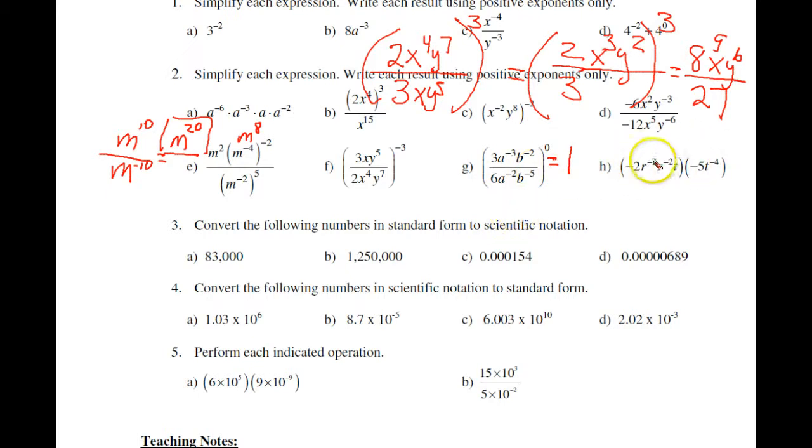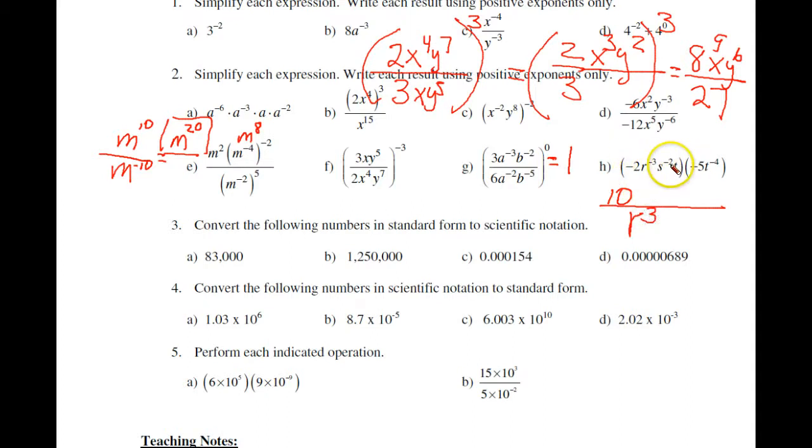Now here we're multiplying. Notice we're not raising a power to a power. So we get negative 2 times negative 5. That's going to be a positive 10. Then we get r to the negative 3. There's no other r's, so I'm just going to move this r to the 3rd down below.